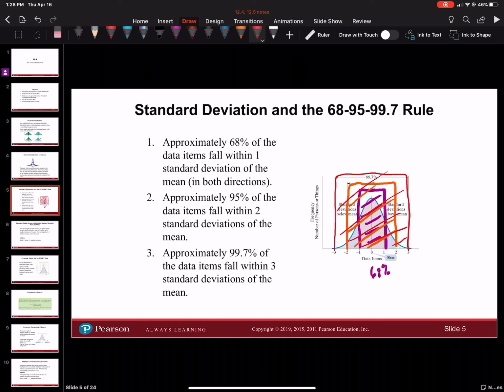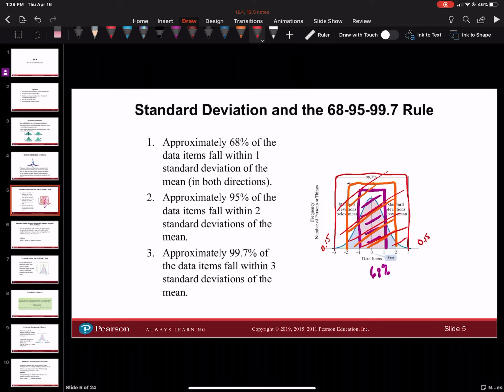Now, you have to keep in mind that to get 100% of the whole graph, you still have wings. So it's about 0.3% left. Over here, you'll still have 0.15%, and over here, you'll have 0.15%.